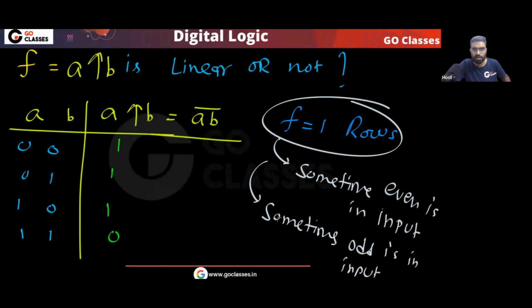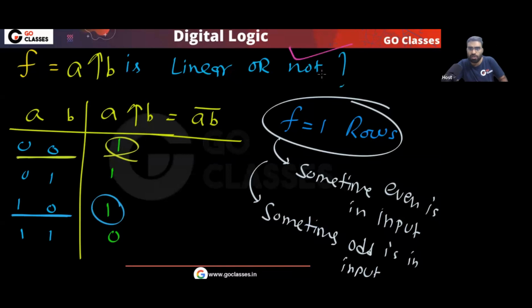Is this clear? For example, here you can notice an even number of ones in the input, and here an odd number of ones. So this is also not linear. Remember, this function is also not linear.